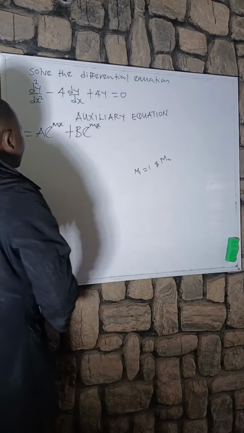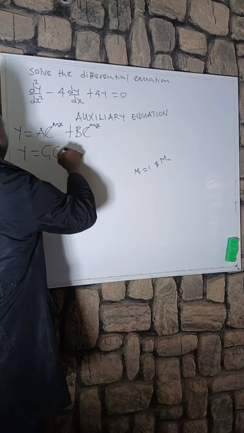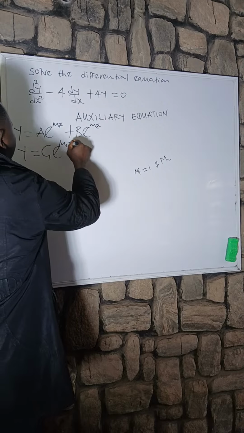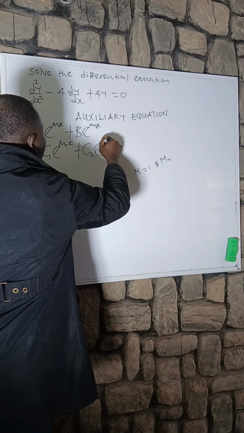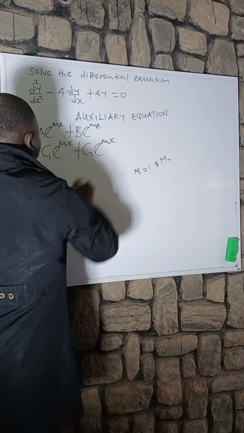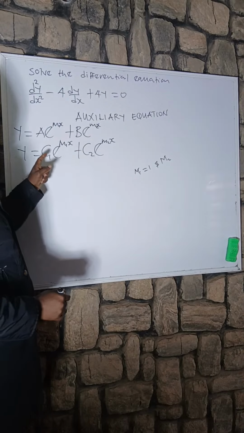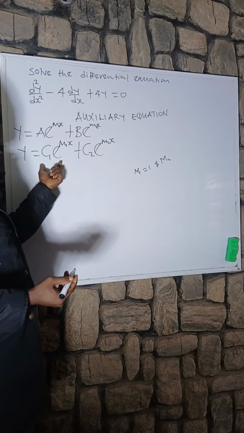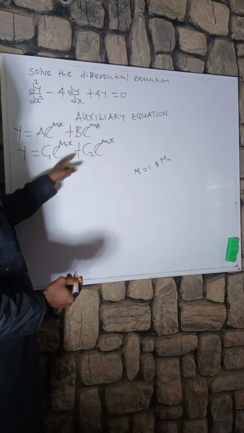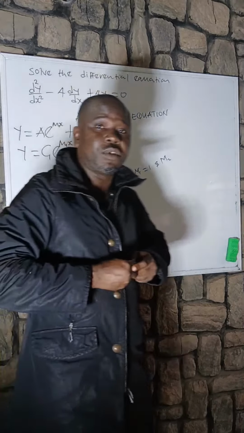But in some textbooks, they make use of y equals c1 exponential m1x plus c2 exponential m2x. Take note, it's the same thing. Either I use A and B, or one can still use A1, A2. Take note. Is that clear? Do you agree with me? Are you following?